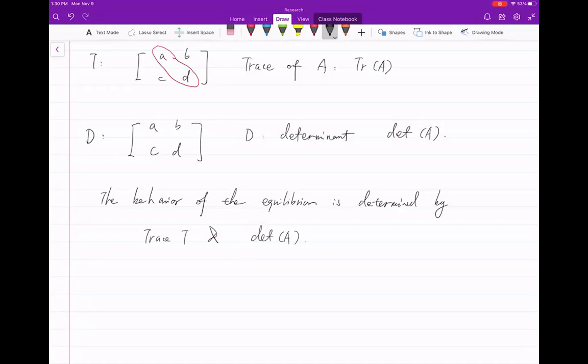Then the whole thing will work in 3 dimension, 4 dimension, 5 dimension with the same definition. The determinant won't look so nice. Sounds good?